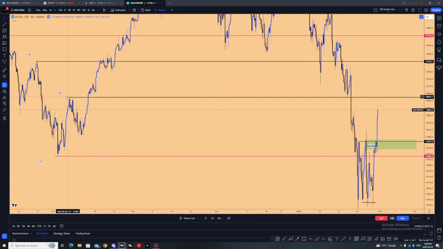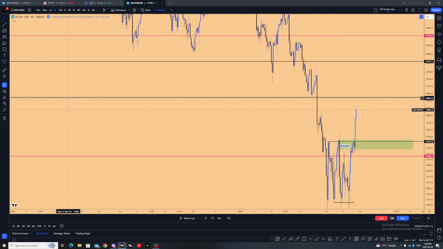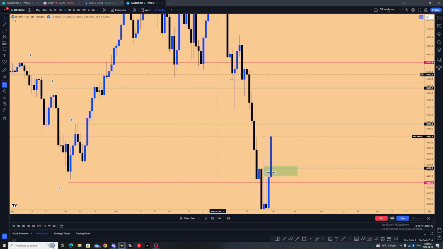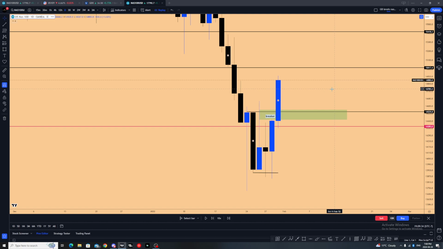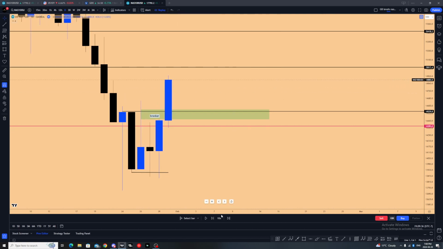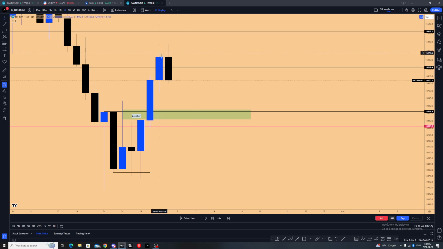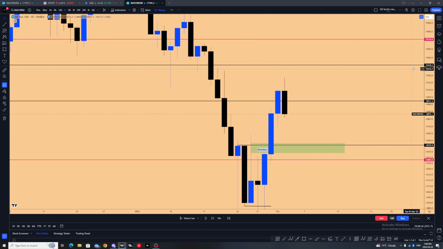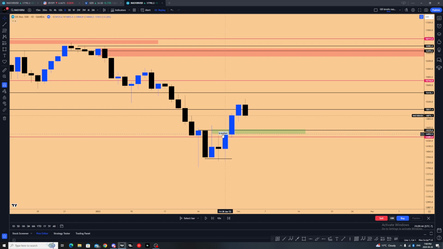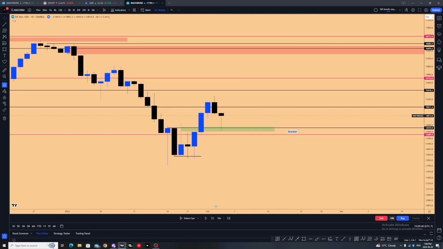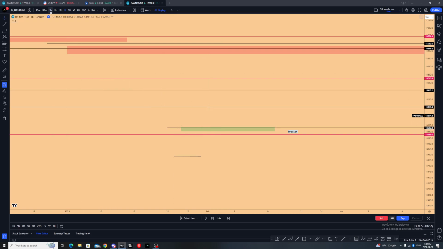Now I did mention that this is an SR level, but it's a very weak SR level, and you can see that the bounce is very weak as well, and then it punched below it. But we'll see what happens from here. It did not even respect that SR, just punched past it. You see that?